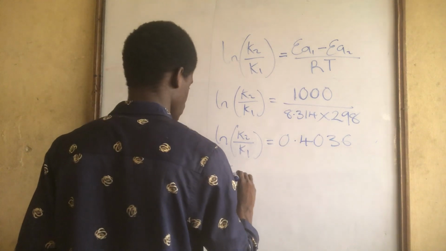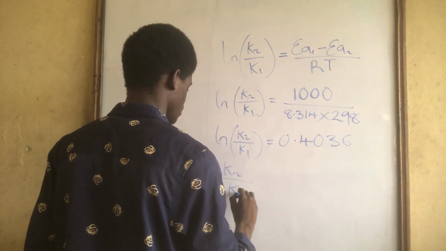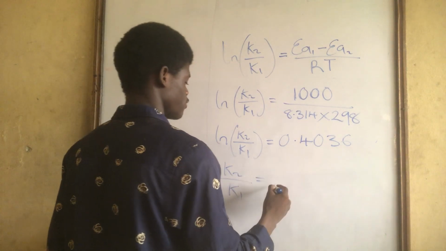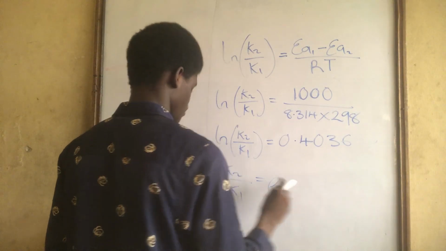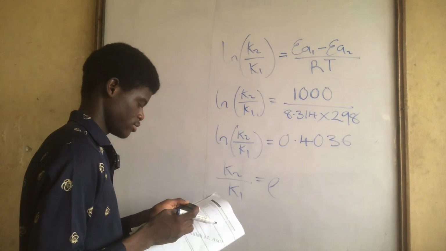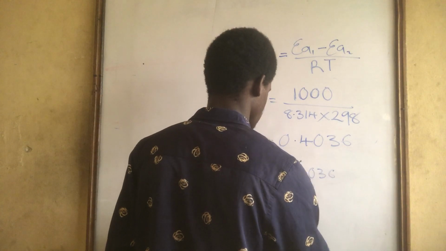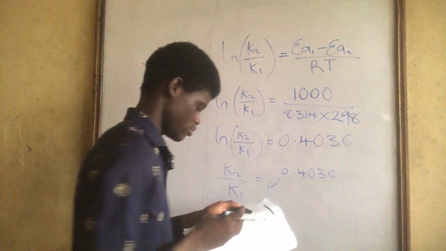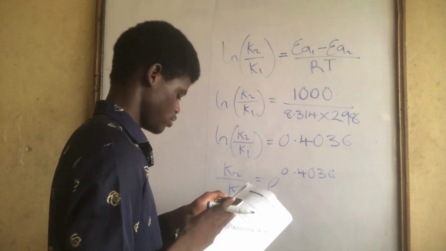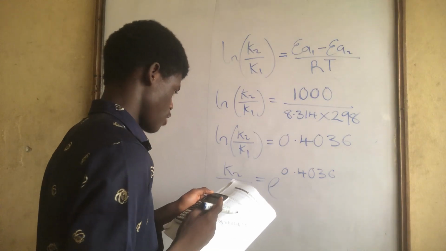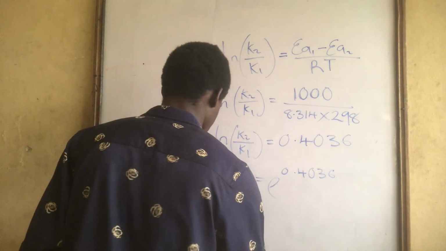The exponent of ln cancels out on the left, and then I'll take the exponent of 0.4036. That will be 1.5.